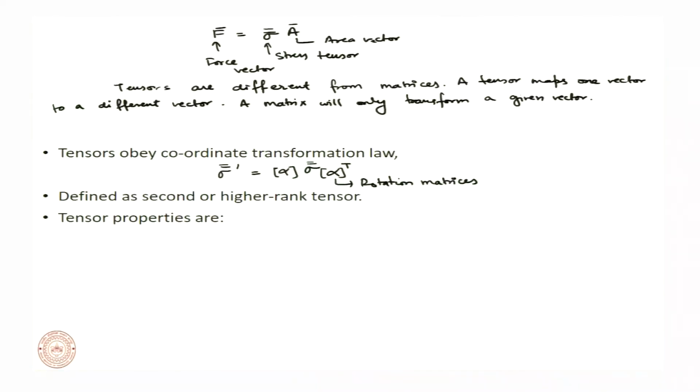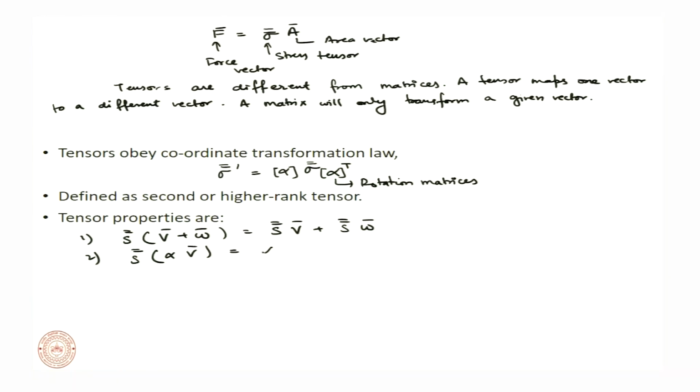Tensors will have a few properties that we can go over. So, for example, S tensor operating over two vectors V and W will be equals to the same tensor operating over V plus the same tensor operating over W, the sum of the two. Okay, that's one. We can have say a tensor acting on a vector multiplied with a scalar alpha.